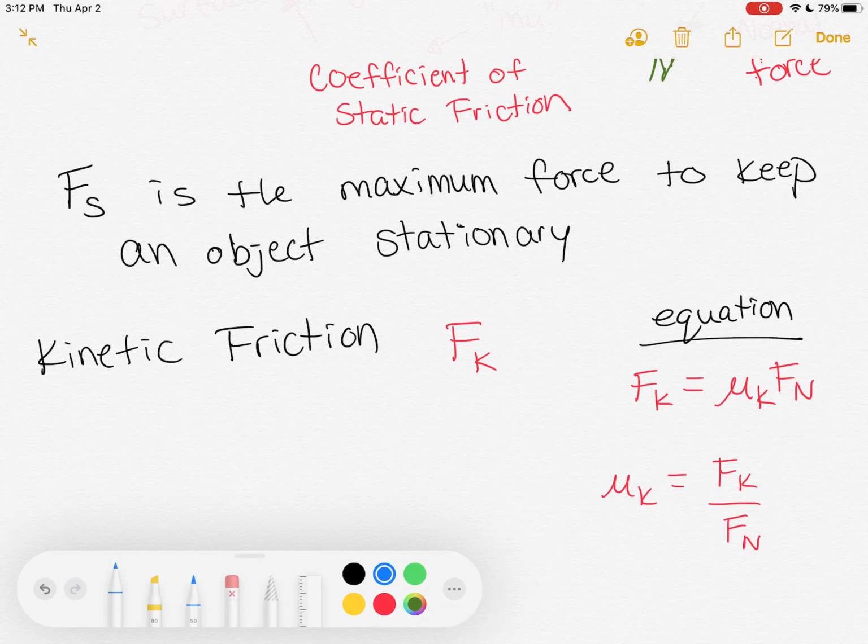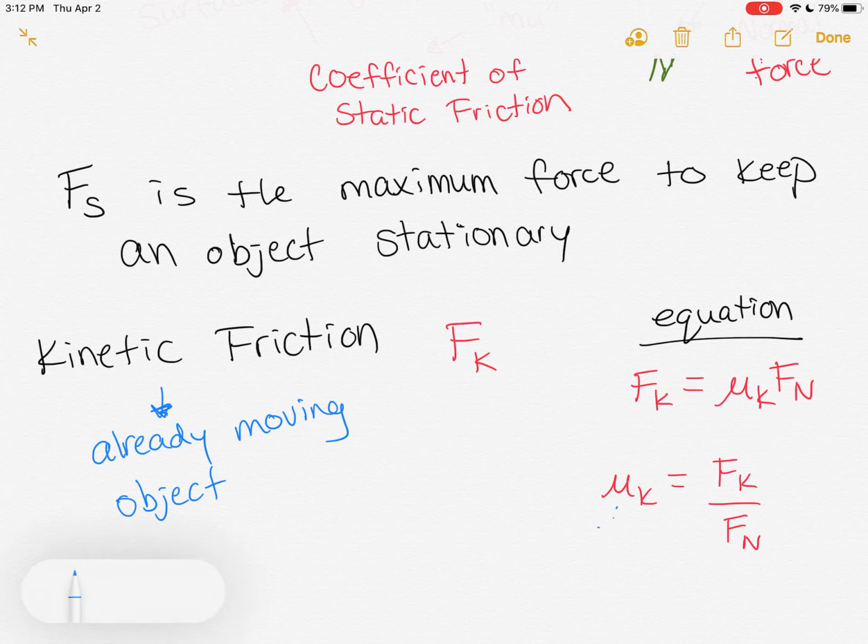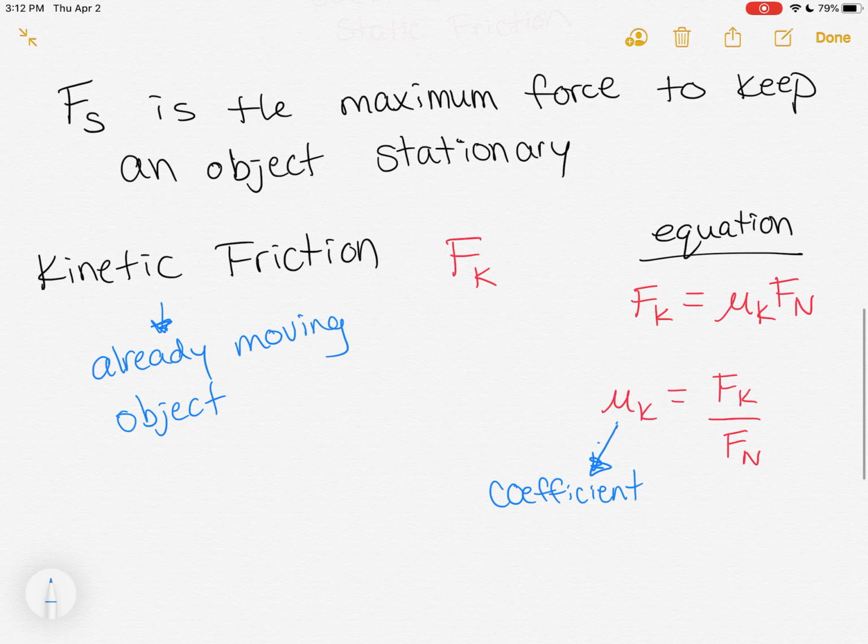Okay? Kinetic friction is for an already moving object. Kinetic friction is what's slowing down that already moving object. Now, as well, our mu K is our coefficient, but this is a coefficient for kinetic friction.